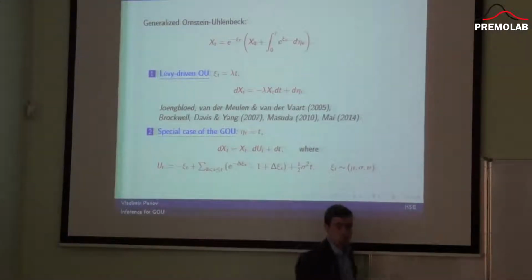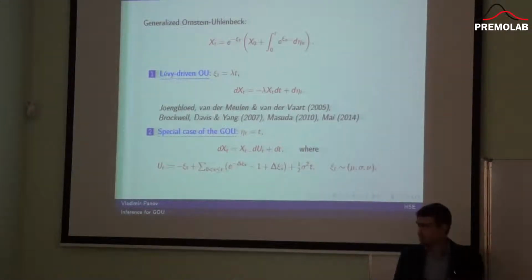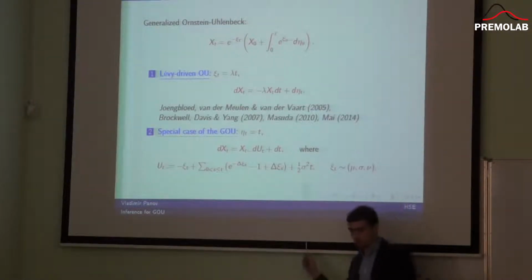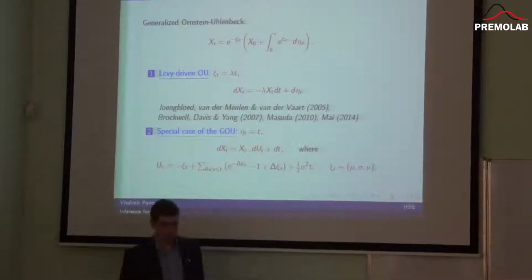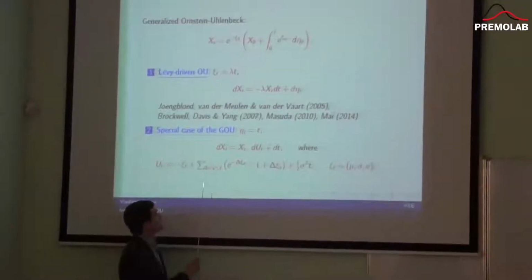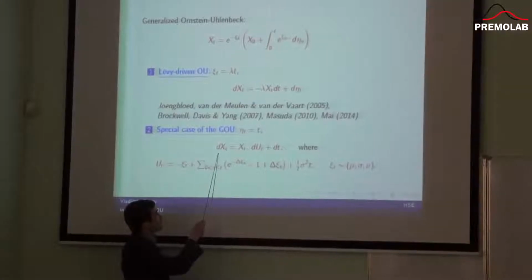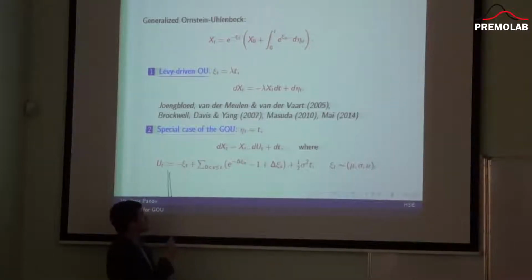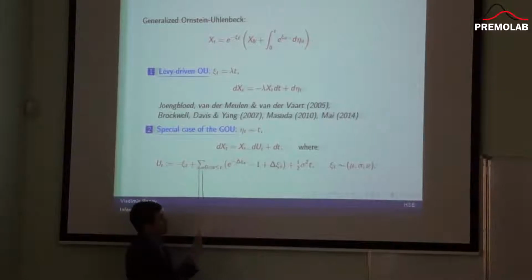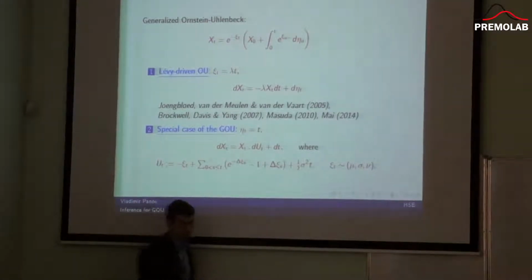I do not know a special name of this process. It appeared in many contexts, but sometimes it is called generalized Ornstein-Uhlenbeck, but I do not know a specific name for this partial case. The point is that the process in this case is a solution of the following stochastic differential equation, where U_t is some Levy process which can be explicitly defined by the process xi.